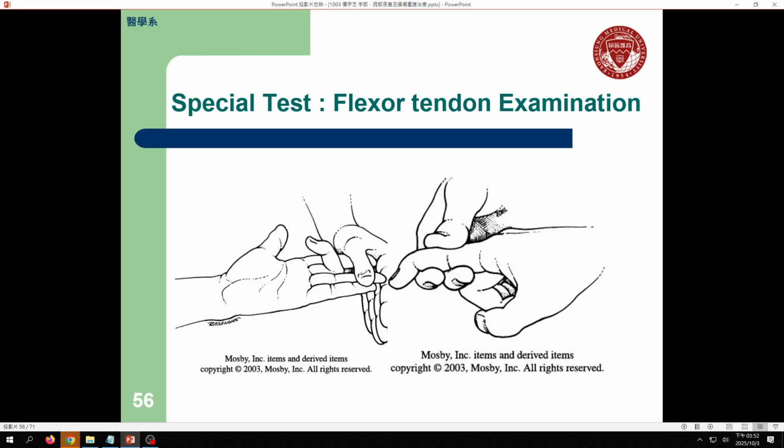Okay, how to do that? First, the game is that this finger is extended. That's the little finger, right? That's extension, and I define that totally flexed. That's 90, right? Okay, 90, and little, right?